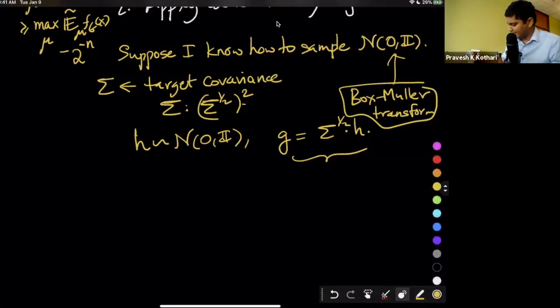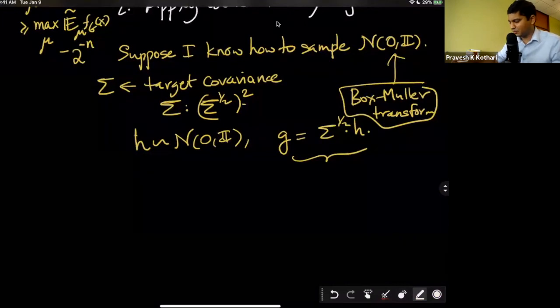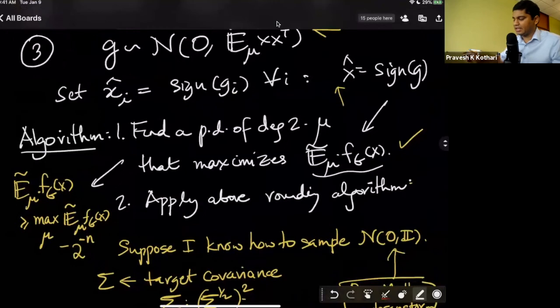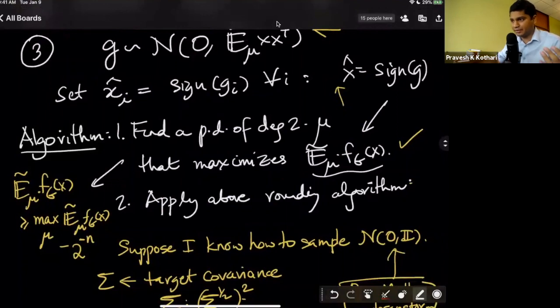Good. So with that pedagogical, important, but somewhat boring note squared away, we can come back and really call what we discussed an algorithm. Find a degree 2 pseudo distribution mu that maximizes the expectation of this degree 2 polynomial, and apply this Gaussian rounding algorithm, which is simply: select a Gaussian with the covariance pseudo-expectation of x x transposed, and take the sign of the vector.